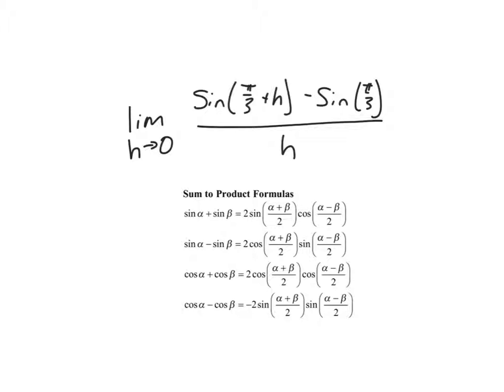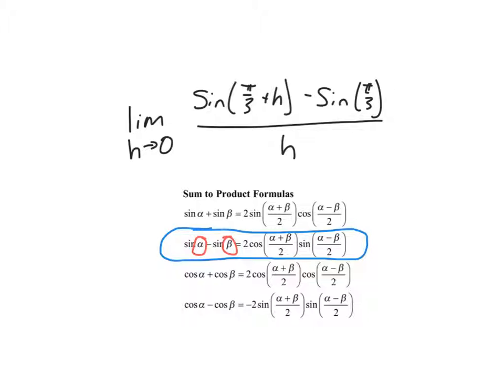So I looked through our trig cheat sheet, and there were a couple of identities that involve a difference of sine functions. But if you take a look at this one right here, it looks like it might get us where we want to go. Now keep in mind that this is the sine of alpha minus the sine of beta.